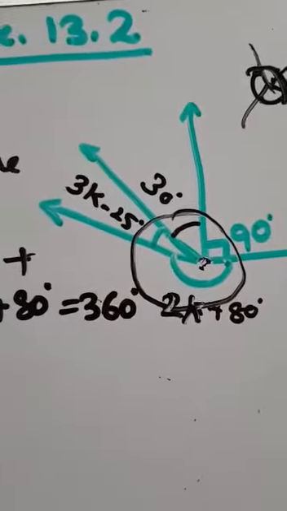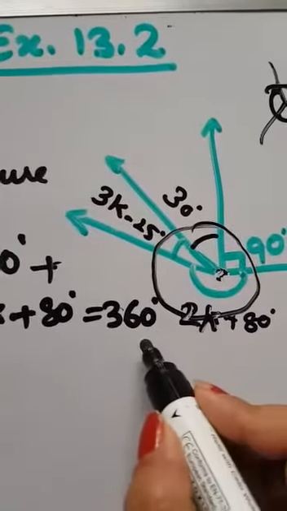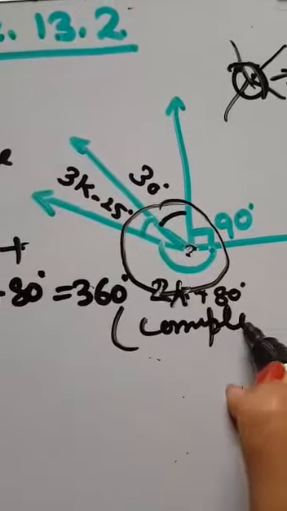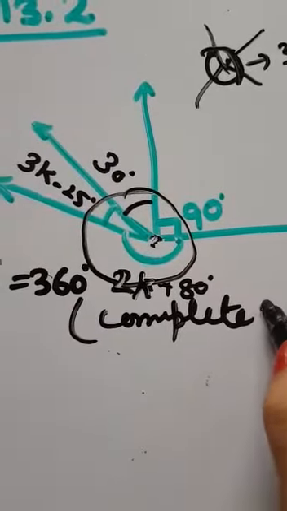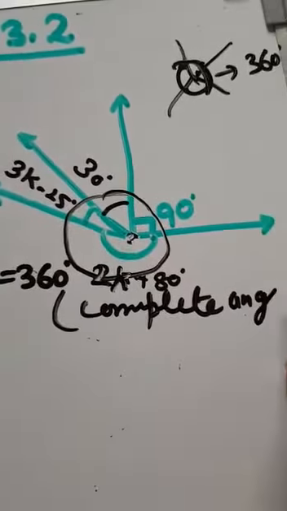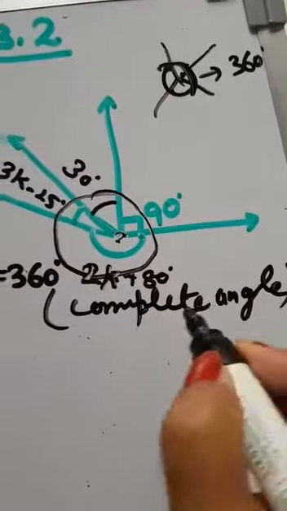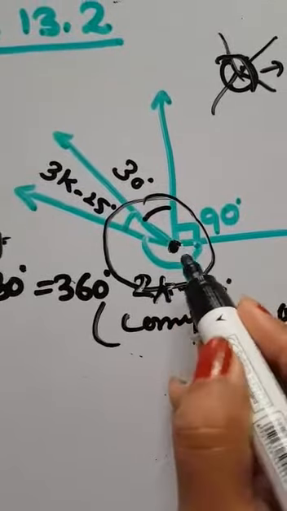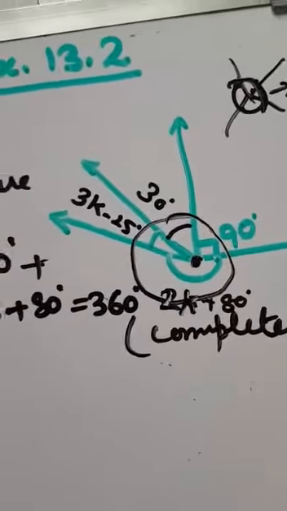Sum of all the angles around a point is 360 degree. You can write here the reason, complete angle. Or you can write this reason, sum of all the angles around a point is 360. Any reason you can write.